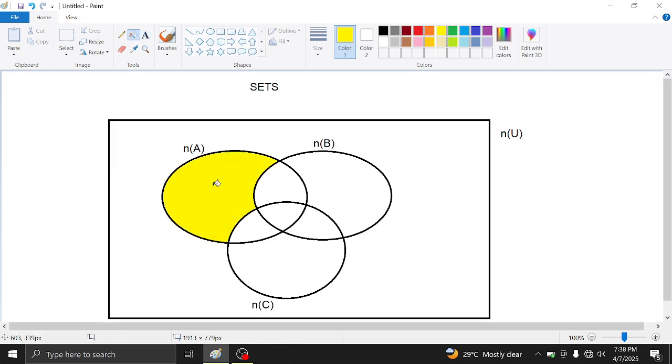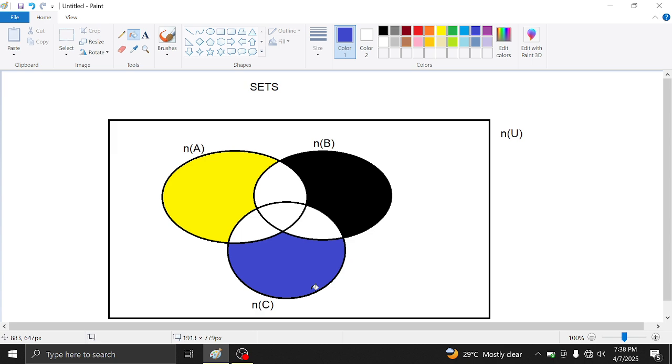Okay, so the yellow shaded portion is number of A only, meaning members present only in A. They are also present in the universal set, but comparing to A, B, and C, members present only in A. And the black shaded portion is number of B only, meaning members present only in B. Also, the blue shaded portion is number of C only, so members present only in C.